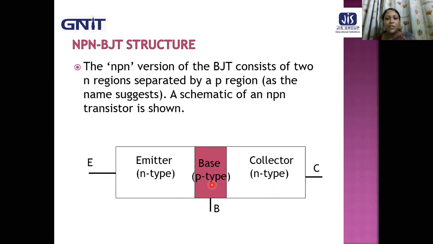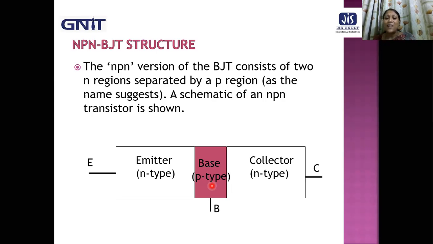And the collector region is the most spacious region. Emitter region is medium, and this emitter region is highly doped. This collector region is moderately doped, and the base region is very poorly doped. So why is the emitter region highly doped?